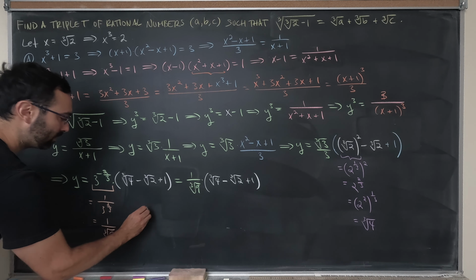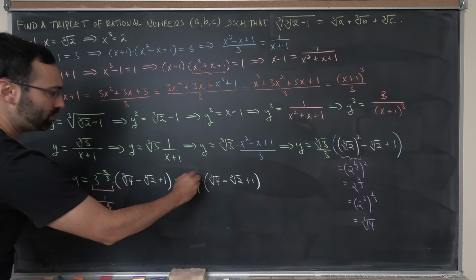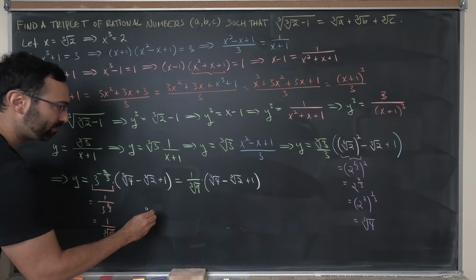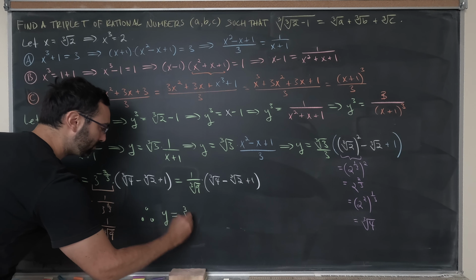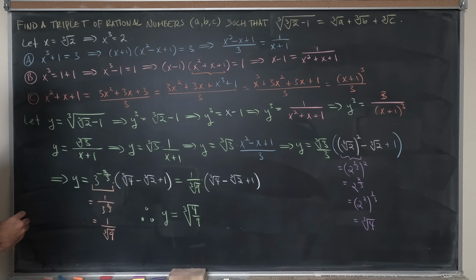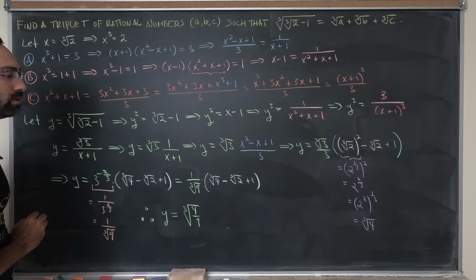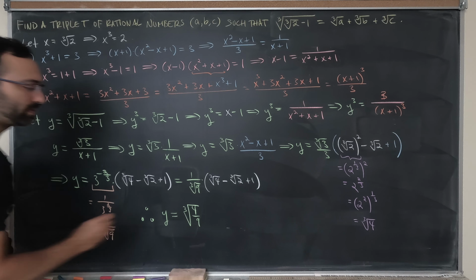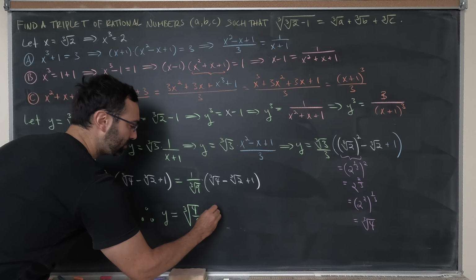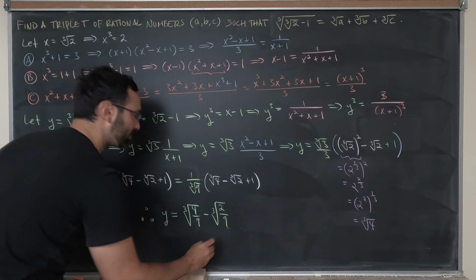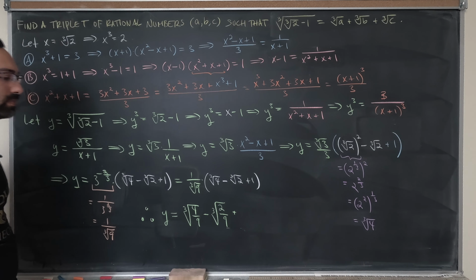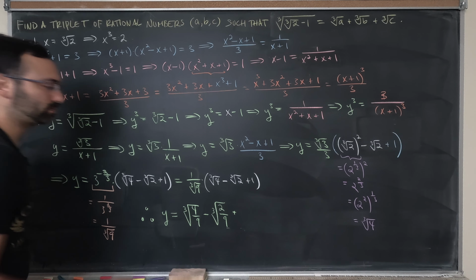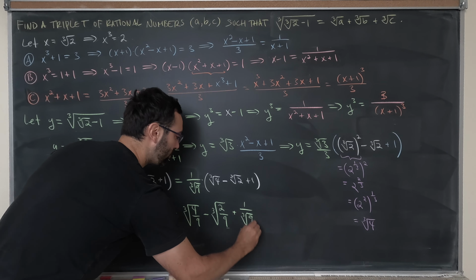And so ultimately, if we distribute this into the bracket, we have the cube root of 4 divided by the cube root of 9. That's just the cube root of 4/9. And then here we have the cube root of 2 divided by the cube root of 9. That's just the cube root of 2/9. And then we have this right over here, which is the same as 1 over the cube root of 9.